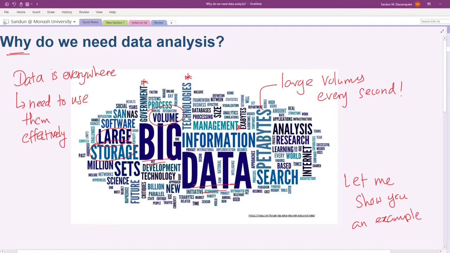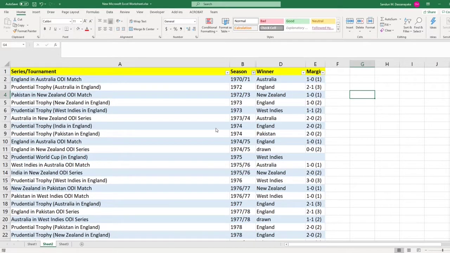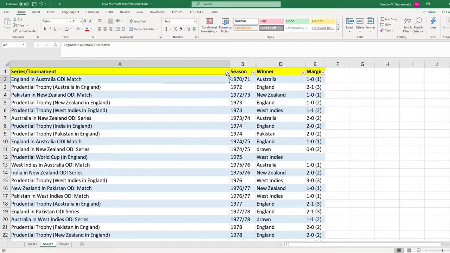I have a set of data collected from Cricinfo about the victories made by each country in different tournaments or series, and their margin, the winner, the season, etc. You can see that I have organized the data in tabular form inside my Excel worksheet.